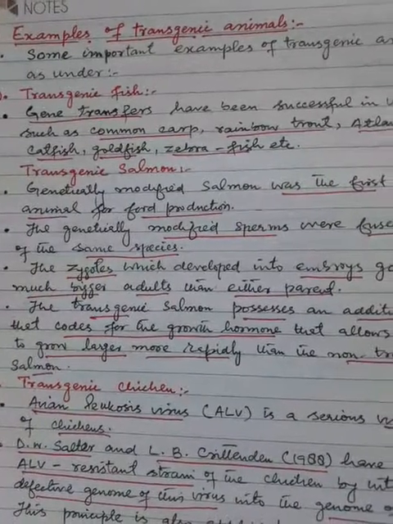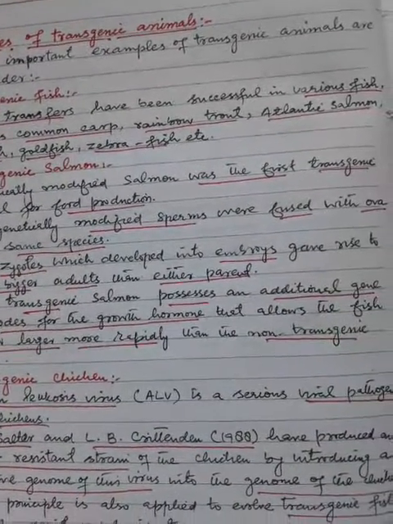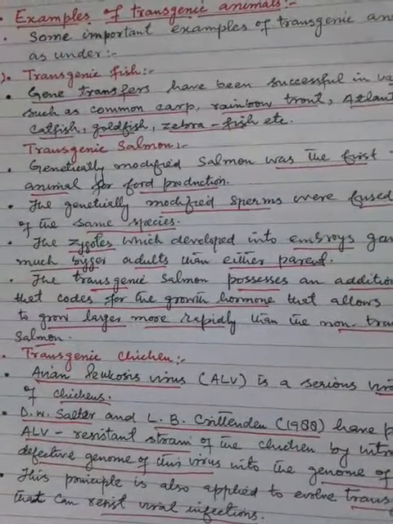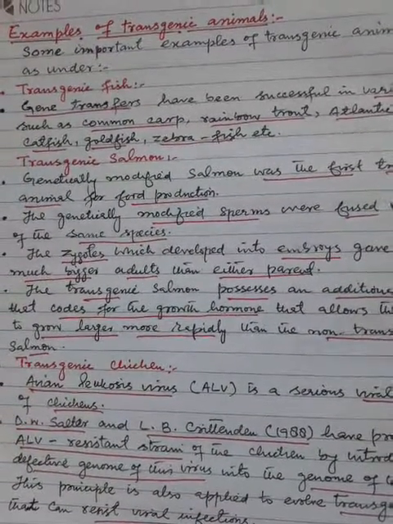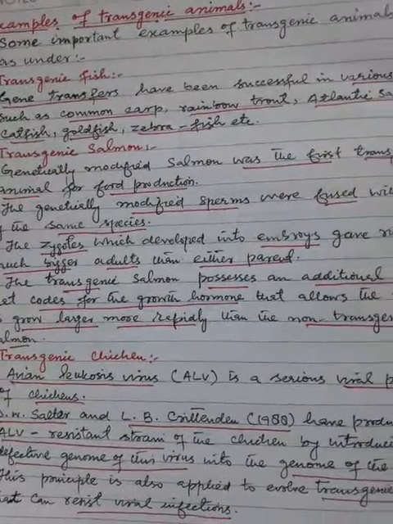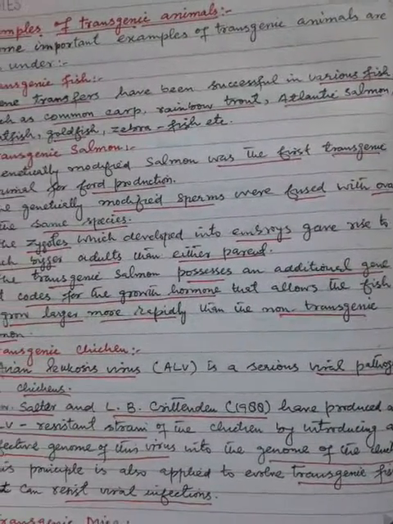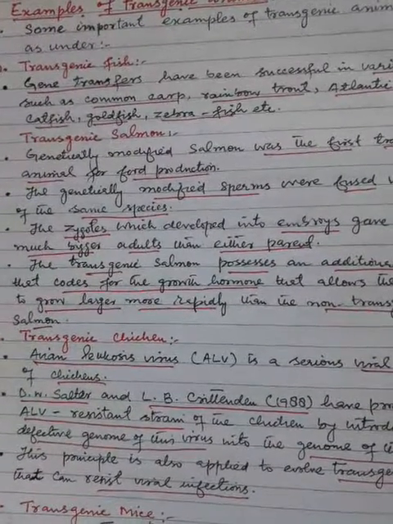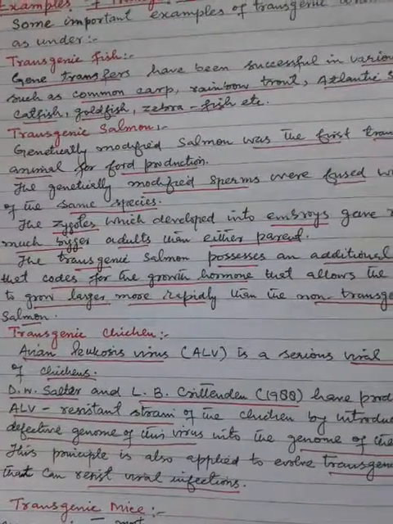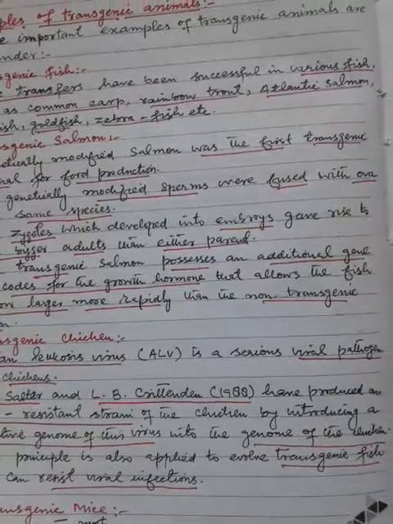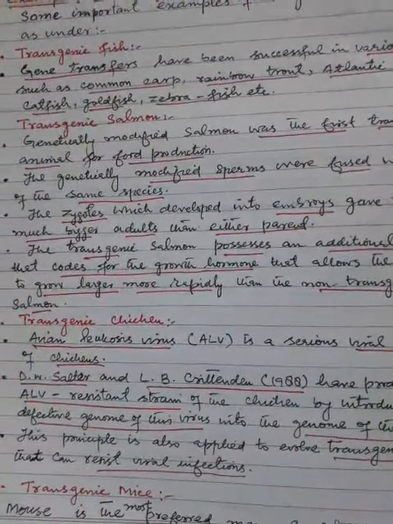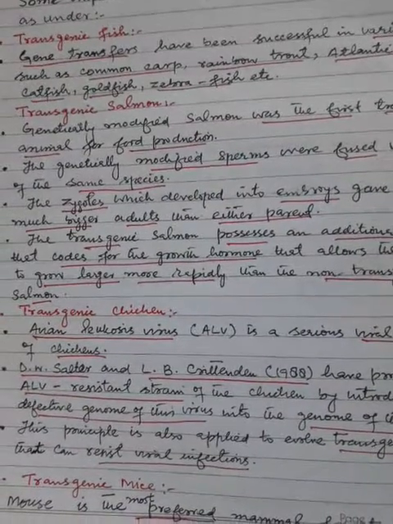Genetically modified salmon was the first transgenic animal for food production. The genetically modified sperms were fused with ova of the same species. The zygotes, which developed into embryos, gave rise to much bigger adults than either parent.